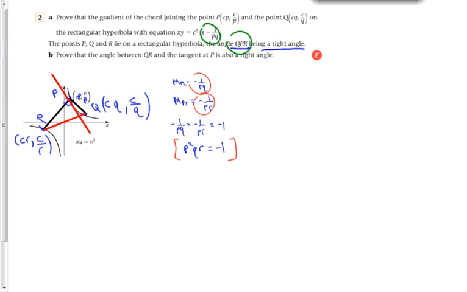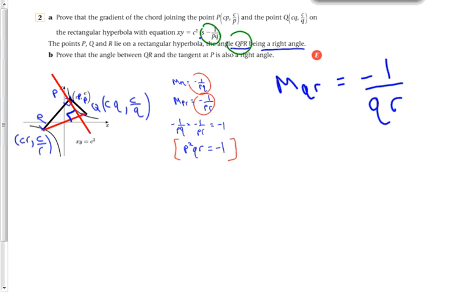It doesn't quite look like a right angle here, but I have to show that. Well, what is the gradient of the chord QR? If I use the same notation, m_QR, meaning the gradient of the chord QR, it's the same thing, but now that's minus 1 over qr, is it not? Yes, exactly the same as the result we've established.